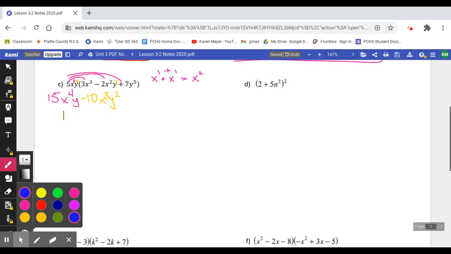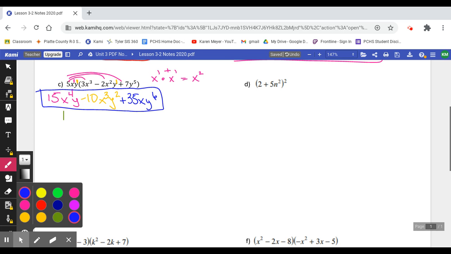On the last one, multiply the coefficients. 5 times 7 is 35. There are no x's to add it to, so just keep that as x. And for y's, 1 plus 5 gives me y to the 6th. And then we are done.